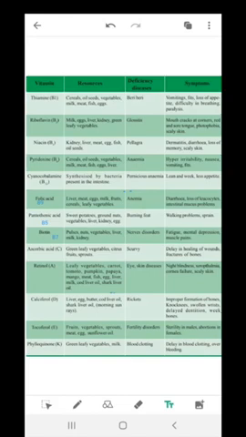Here the deficiency disease is anemia. Next, pantothenic acid, B5. Note down, children, folic acid, pantothenic acid, biotin, the numbers I have given. Pantothenic acid, B5. Deficiency disease is burning feet. Next, biotin, B7. Nerve disorders, fatigue, mental depression, muscle pains are the symptoms.